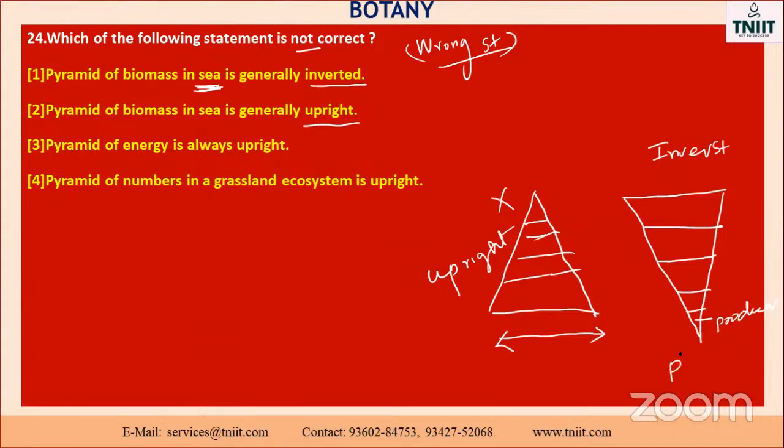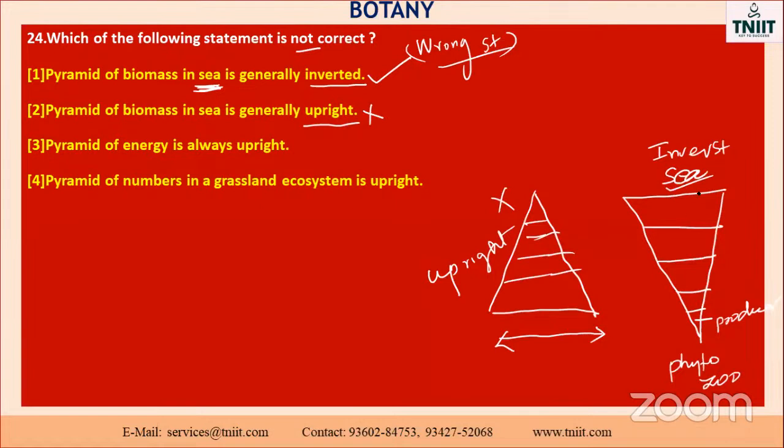The phytoplankton, zooplankton, all are living in this area only. So it is very small in number, and gradually it increases. So generally, pyramids of biomass in the sea is inverted is the correct one, upright is the wrong one.